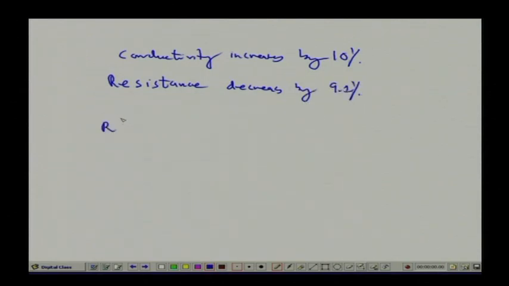So, R dash will be 0.91 into 200 equal to 182 kilo ohm.